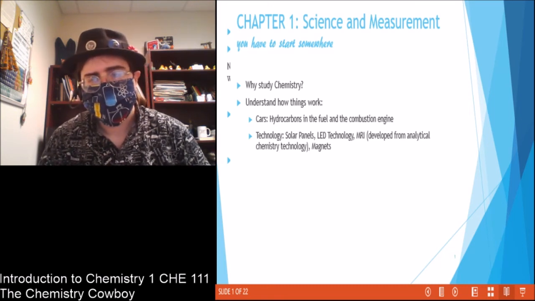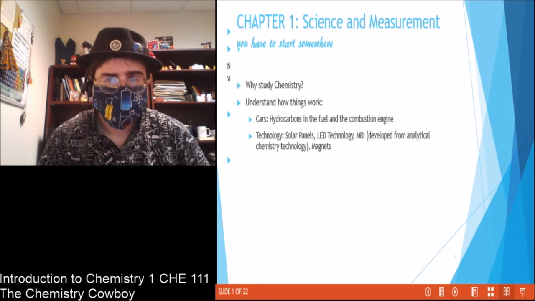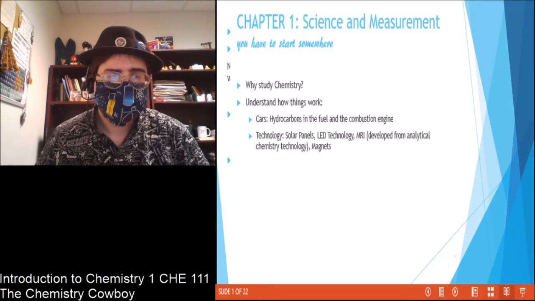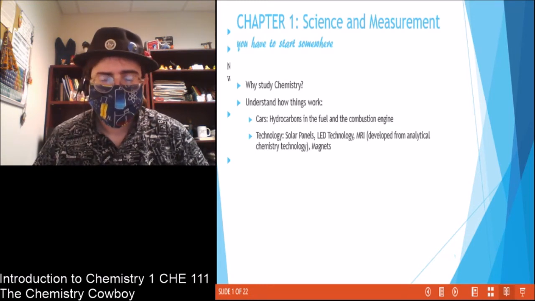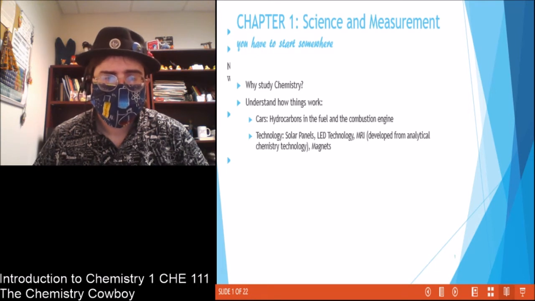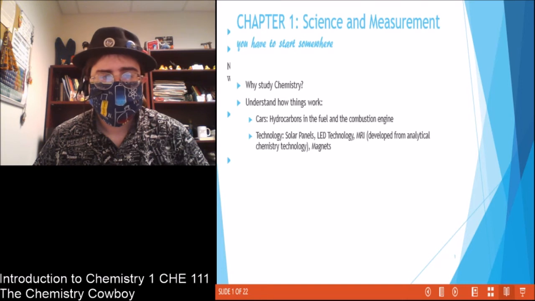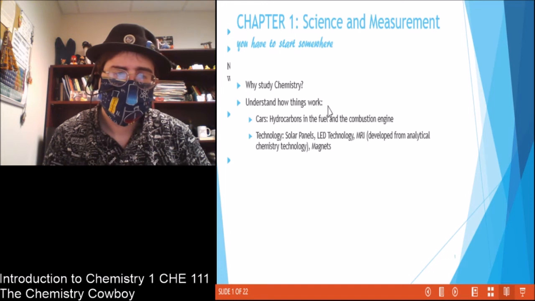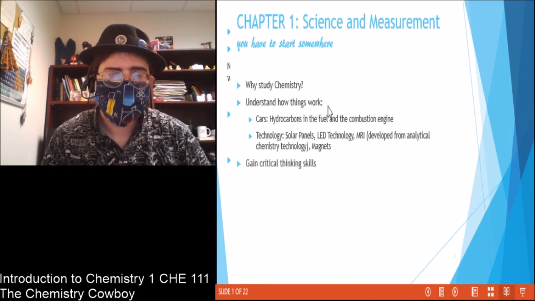Besides being big magnets, this was actually developed from chemistry, an analytical technique used to find the radioisotopes of carbon and hydrogen and help us say, oh, this is the compound we indeed have. It was further modified to be able to look at individual slices of a human body without slicing the human body up into ribbons. So all this stuff comes back down to chemistry.